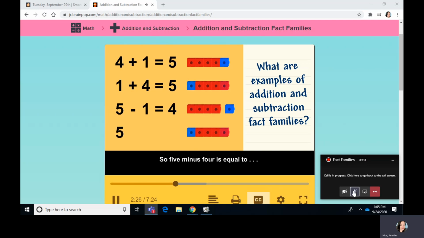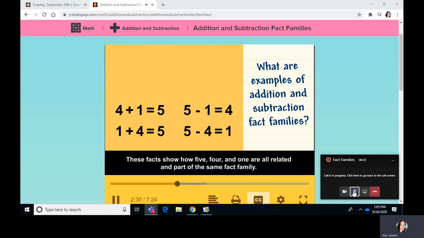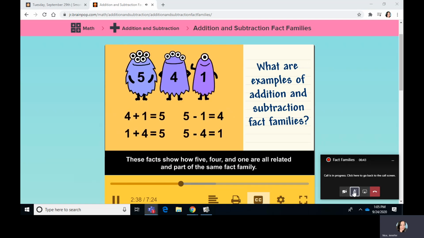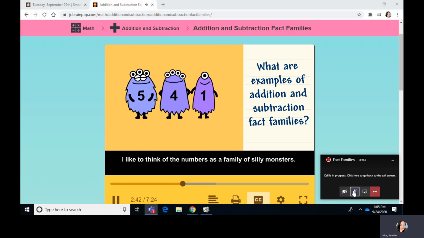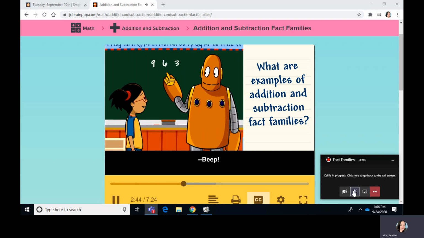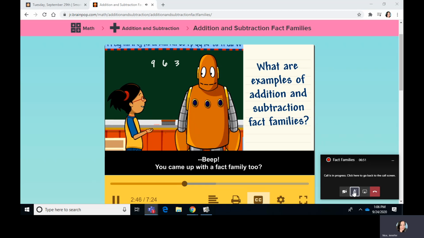So 5 minus 4 is equal to 1. These facts show how 5, 4, and 1 are all related and part of the same fact family. I like to think of the numbers as a family of silly monsters. You came up with a fact family too?